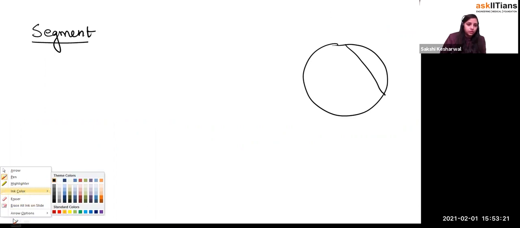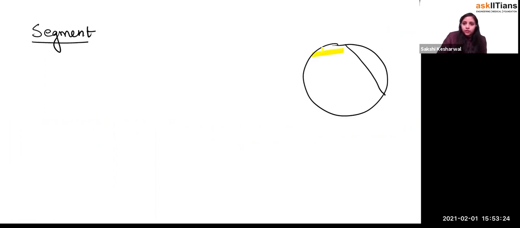Wait a minute, let me just take the highlighter. You see that this is like one region. I'll do a little bit of neat drawing. I'm not a good artist, but I'll try.